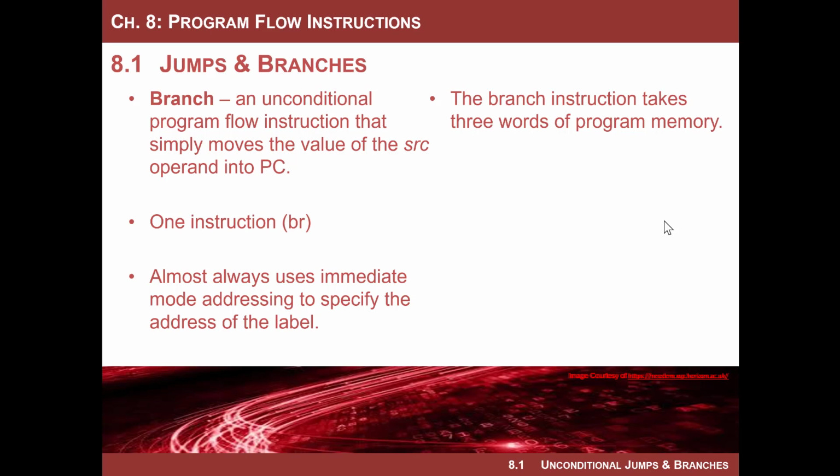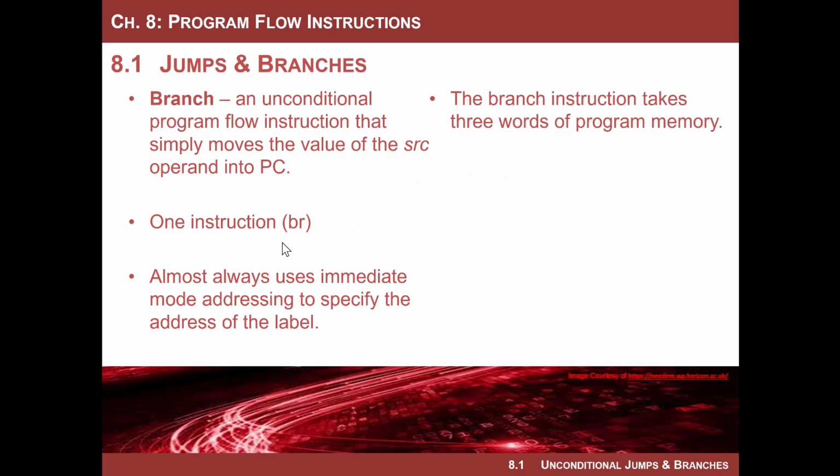The good part about that is that you can access the entire 64K address range of the MSP430. Not that you'd want to, though. You really only want to be executing code in the program memory. But it does give you the ability to hit any address within the program memory space.